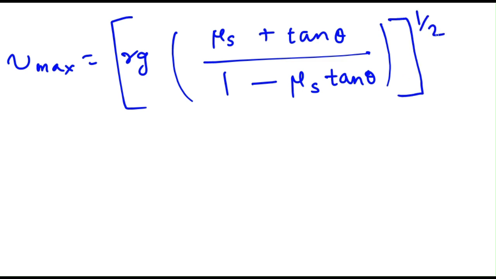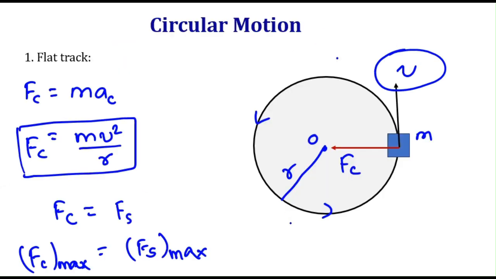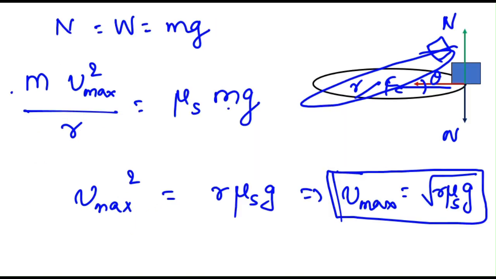Okay, this is what. And now I would like to comment one thing here. In the previous case, when the road was flat or the track was flat, where there was no inclination, we can't move on the circular track unless there is friction. Because if there is no friction, if mu s is 0, then maximum velocity will be 0.